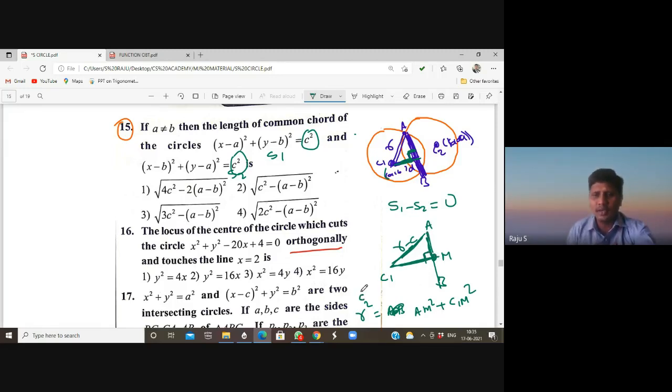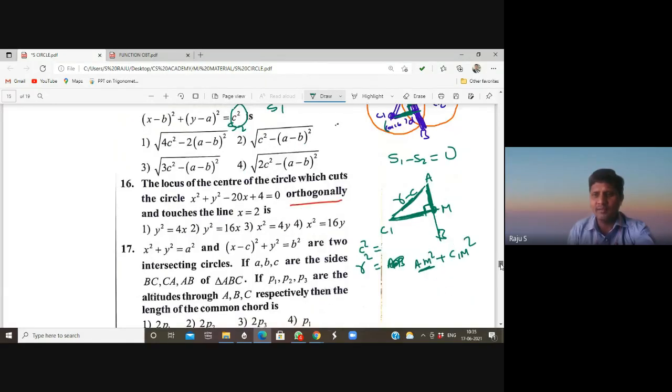This is r square. We require the AM value. So finally AM square is equal to r square minus C1M square. C1M, I'm taking as d. d is nothing but the perpendicular distance.